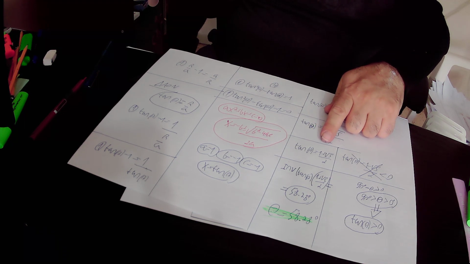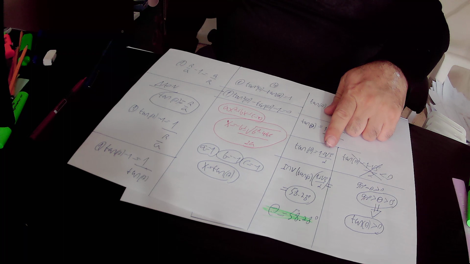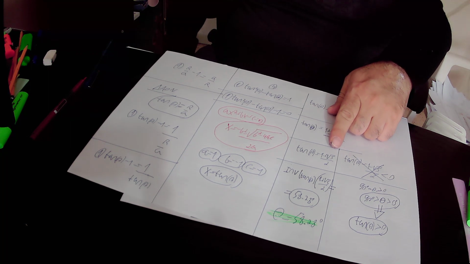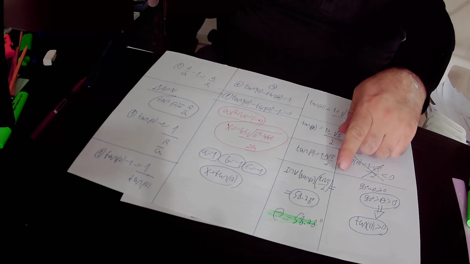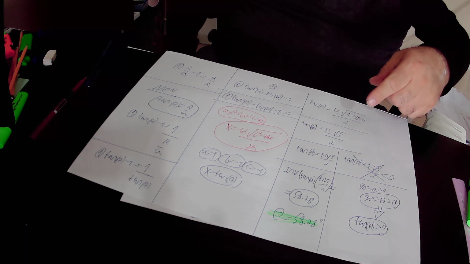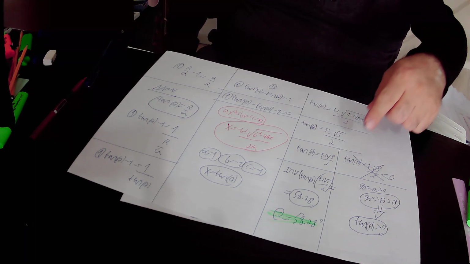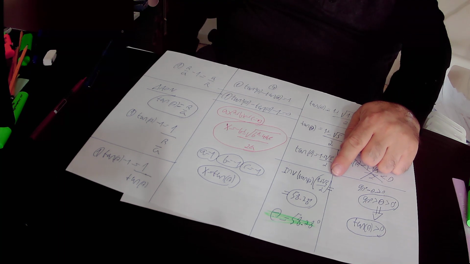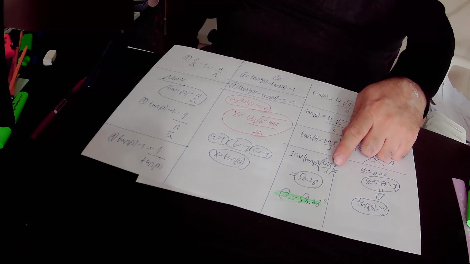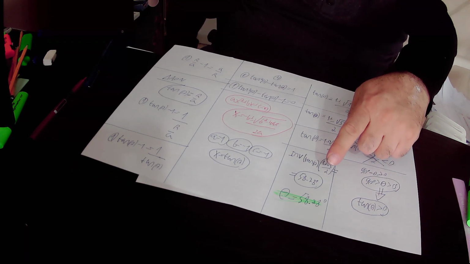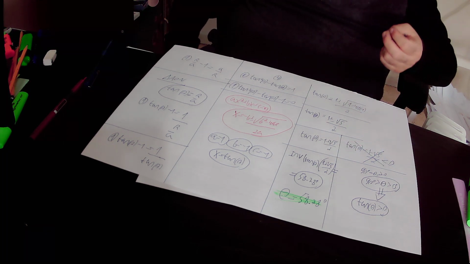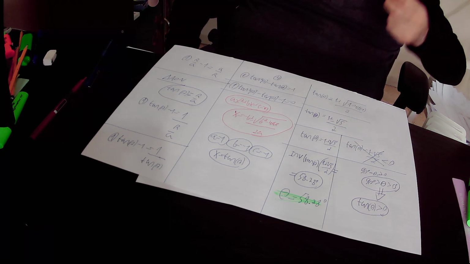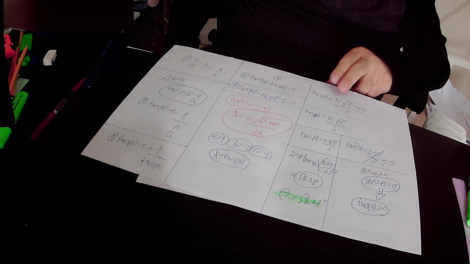So we applied the inverse tangent to the result, 1 plus square root of 5 over 2, and the inverse tangent of 1 plus square root of 5 over 2 is 58.28 degrees. So we found that theta is equal to 58.28 degrees.